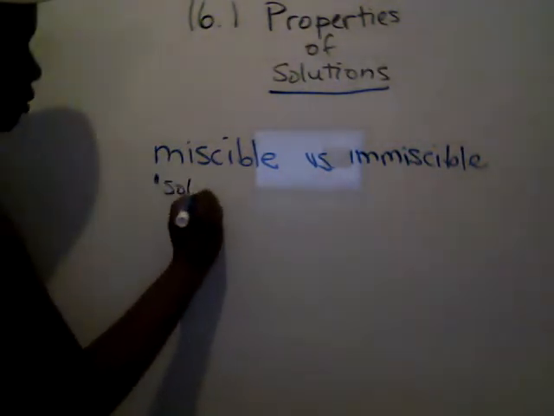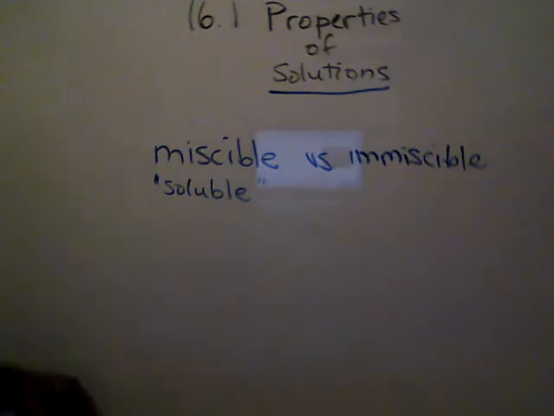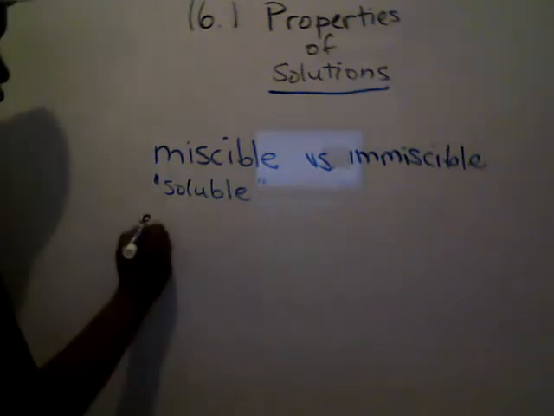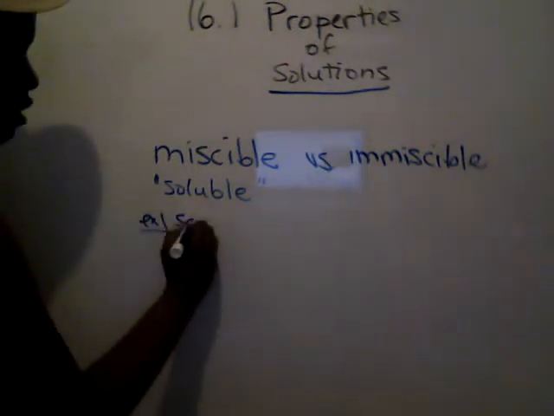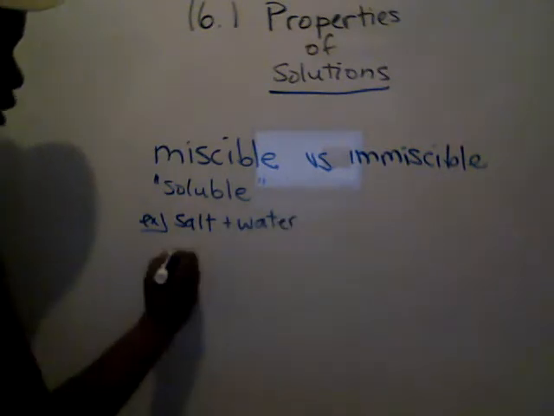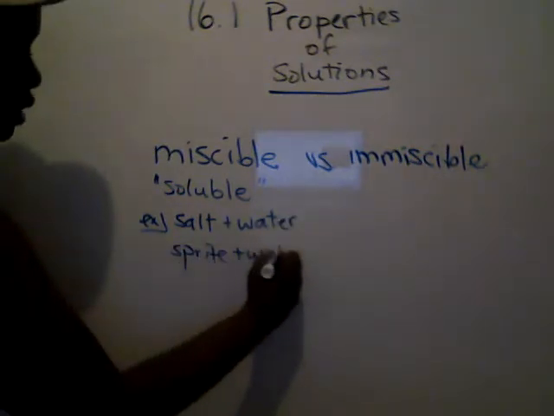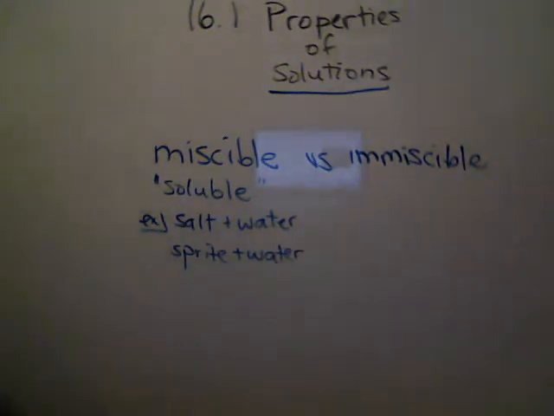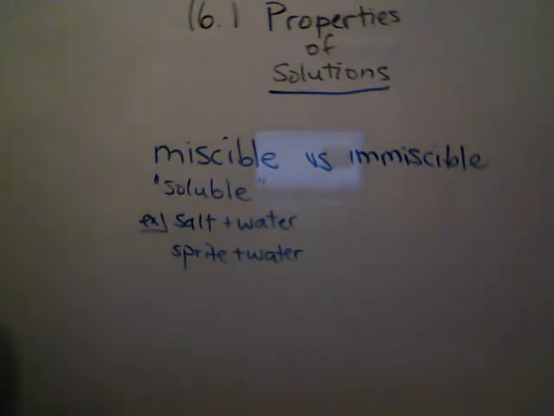Liquids that are miscible or soluble are able to dissolve in one another. An example could be salt and water, or Sprite and water. Any two liquids that would dissolve in one another, we can say they're soluble or miscible. They actually can mix together.